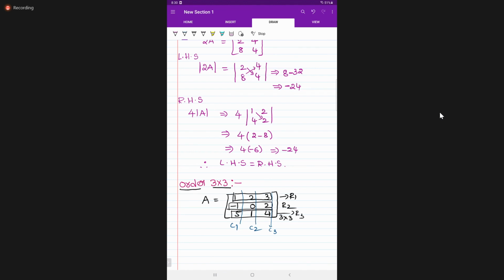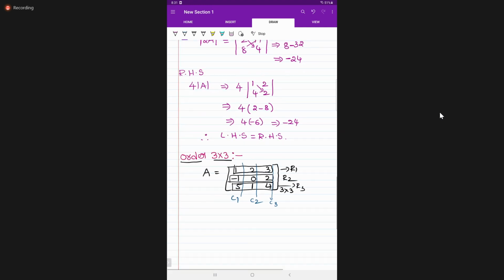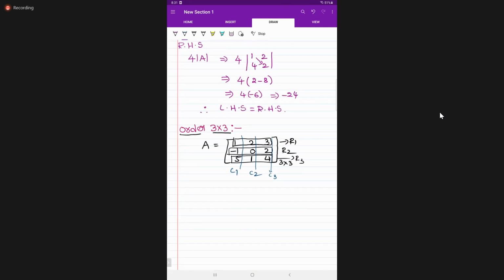Whichever you use, the final answer will give the same value. But for our convenience, the first row is easy compared to the second row, third row, and the columns. Students, understood all of you?